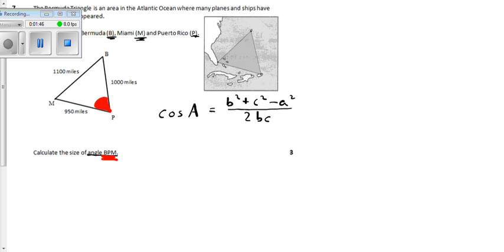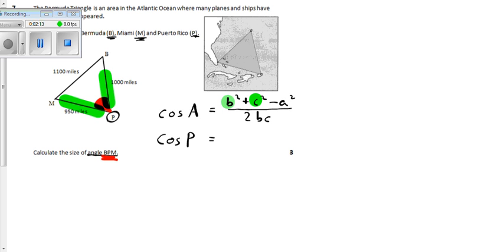Unfortunately, we don't have A, B, C. We've got B, P, and M, but we can rewrite this. We're trying to find the angle labelled P, and we need to remember the first 2 sides here are the ones enclosing my angle.